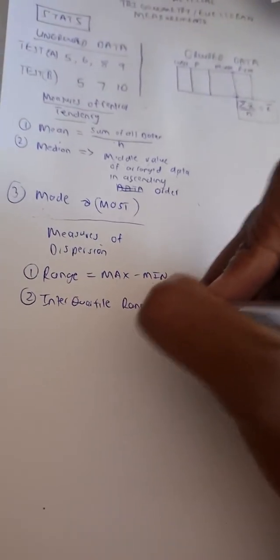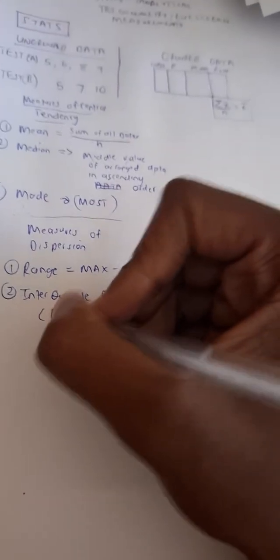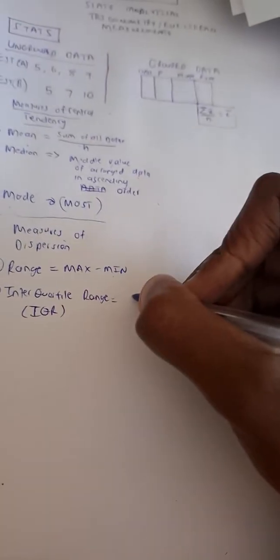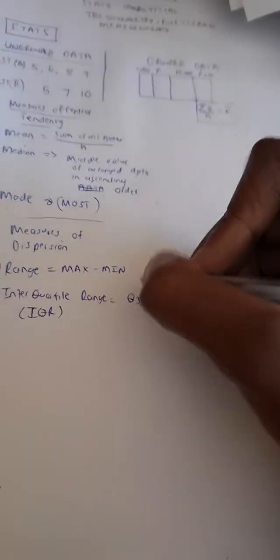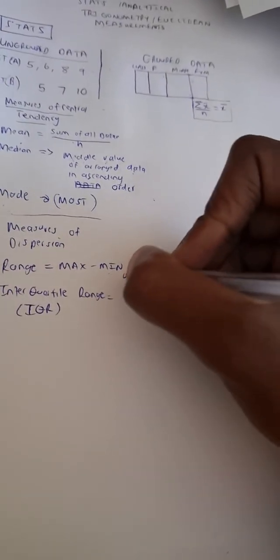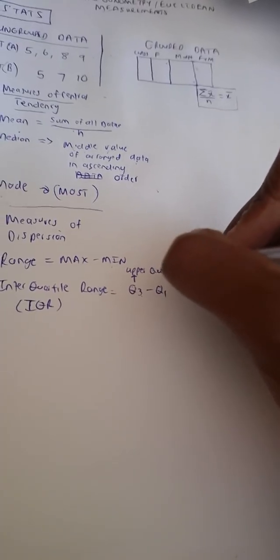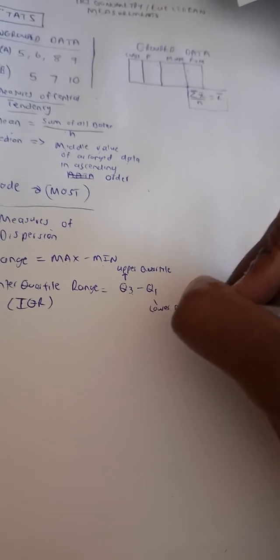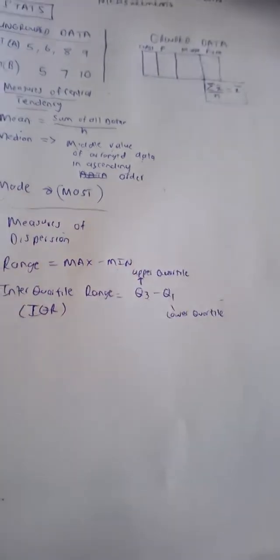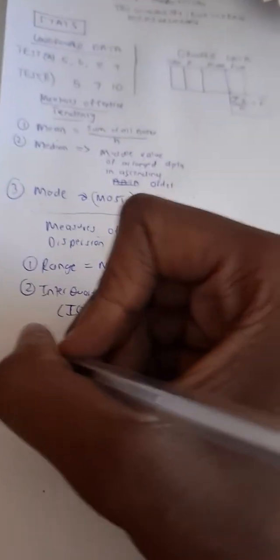Interquartile range, or what we call your IQR, is your Q3 minus Q1. By Q3, we mean your upper quartile, and by Q1, we mean your lower quartile. So that's Q3 minus Q1, that's interquartile range.